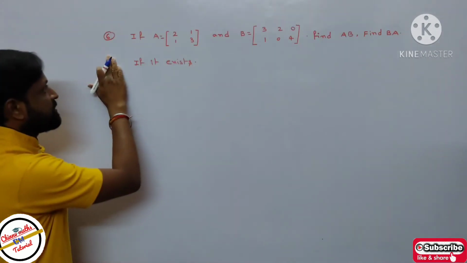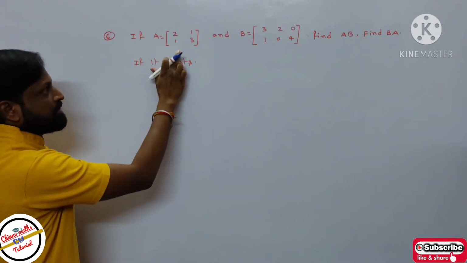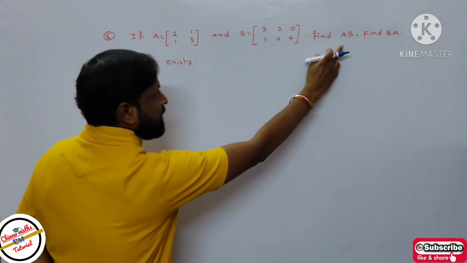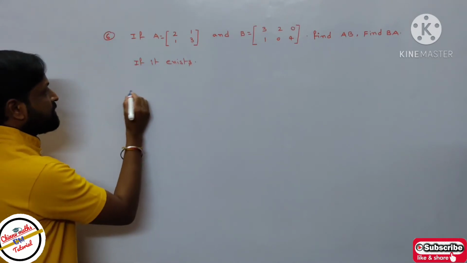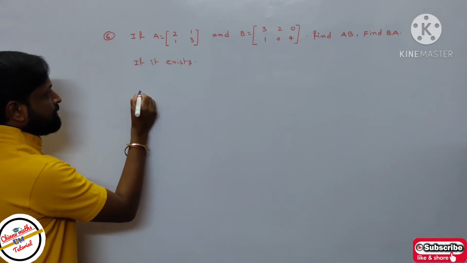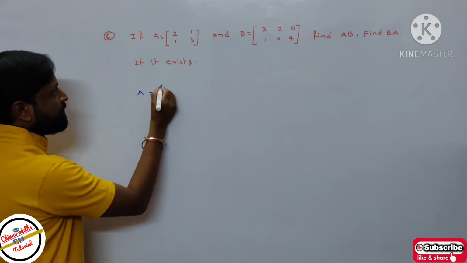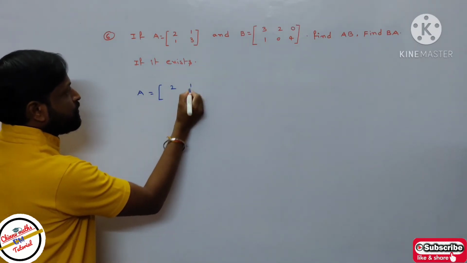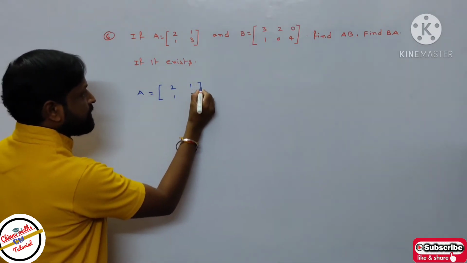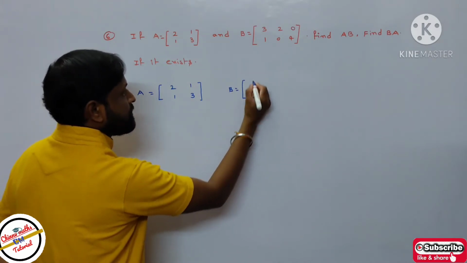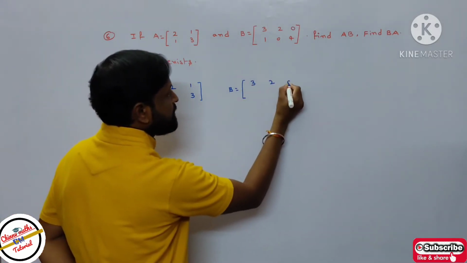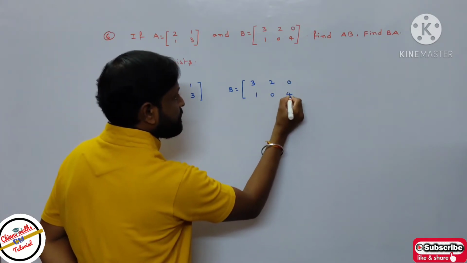The problem number 6. Given the matrix A and matrix B, find AB and find BA if it exists. Let's see, first take the given matrices A equal to 2 1 1 3 and matrix B equal to 3 2 0 1 0 4.